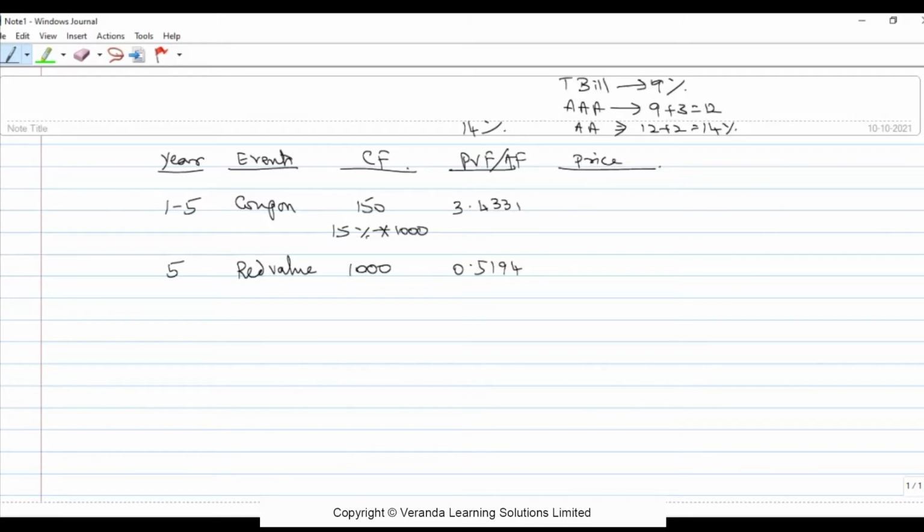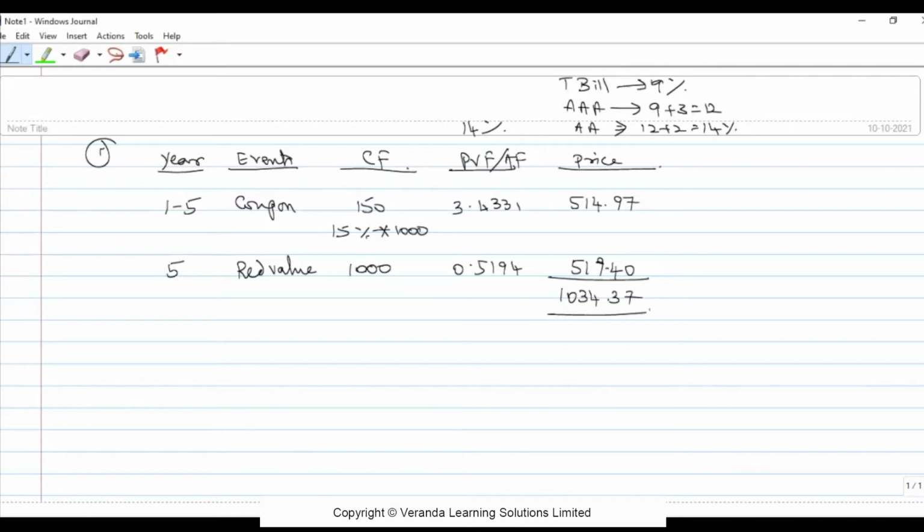What is the price? 150 into 3.4331, that is 514.97, and 1000 multiplied by 0.5194, 519.4. Grand total of that comes to, for the first part of the question, calculate the intrinsic value. Intrinsic value is 1034.37. Simple.